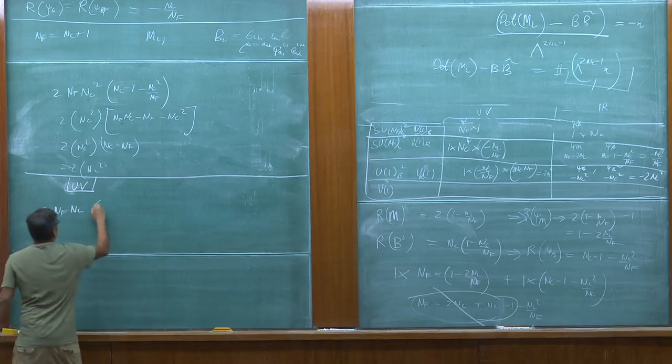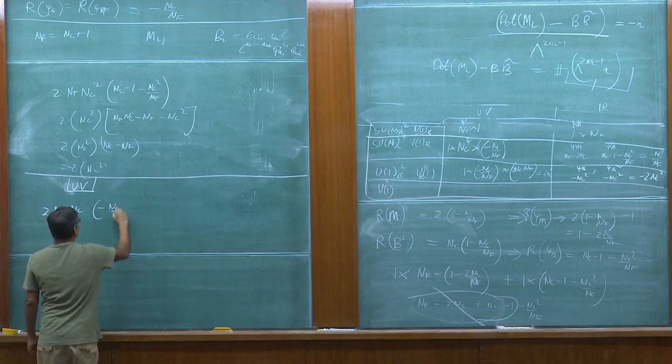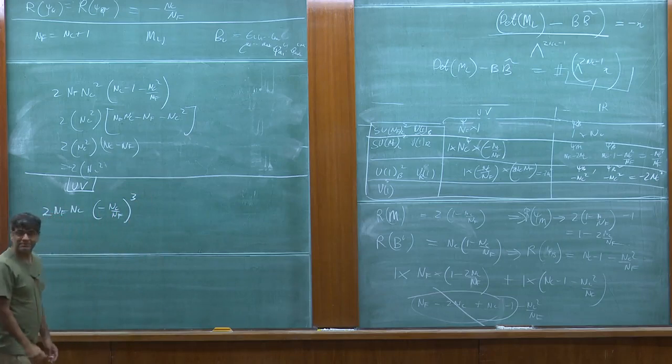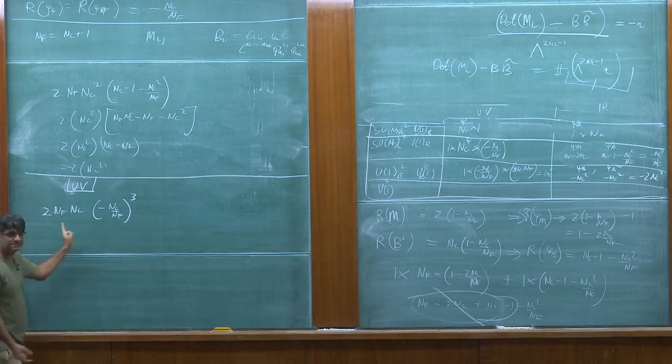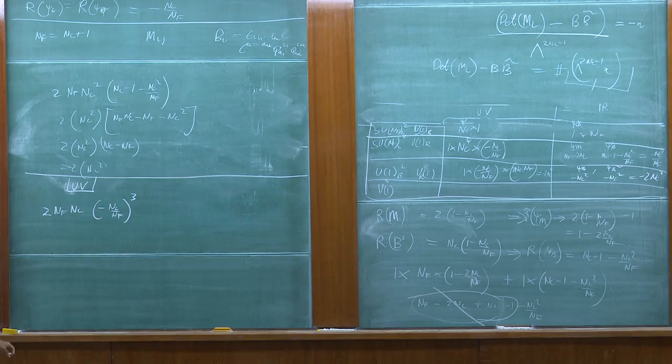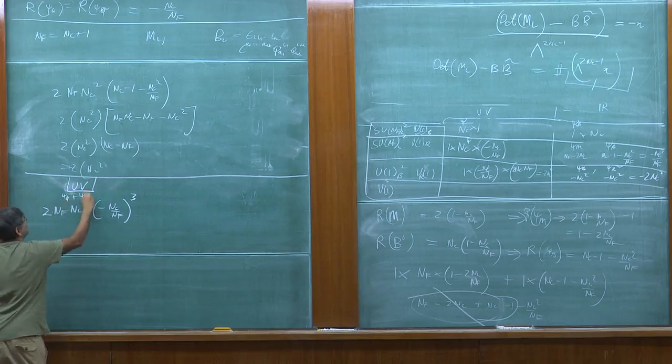So we get minus Nc by Nf, the whole thing cubed. Sorry, the static on my mic. Is this better? Okay. So everyone got this argument here? 2 Nf Nc into minus Nc by Nf, the whole thing cubed. This is from the Q's, the contribution from psi Q plus psi Q tilde.